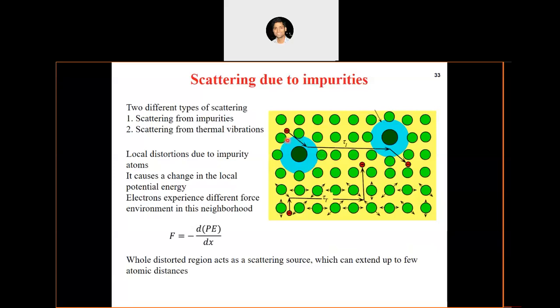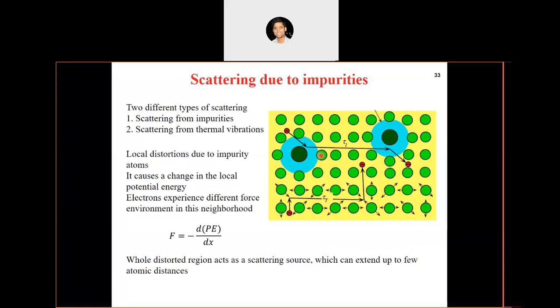But in this case, as we can see in this picture, when we put this guest atom in the matrix, the lattice distortions which are happening can extend up to a few atomic distances. For example, this atom is displaced from its original position, as well as this atom is also slightly displaced. In this case only one atom is visible to be distorted, but in reality there are definitely cases where this distortion can be larger than one atomic distance.